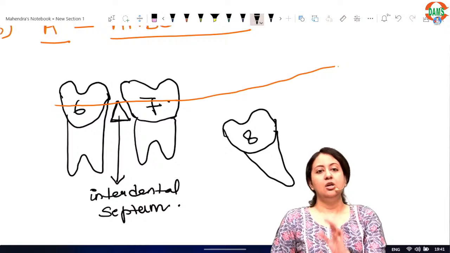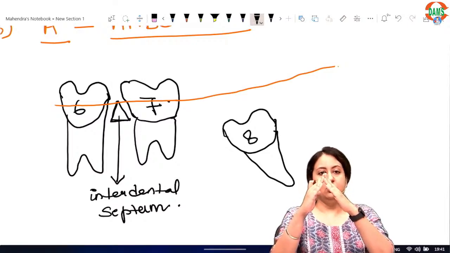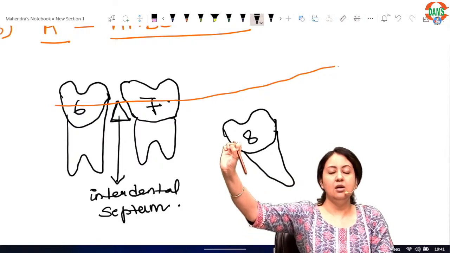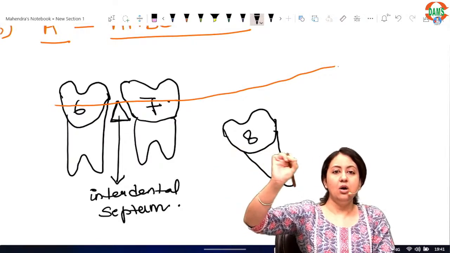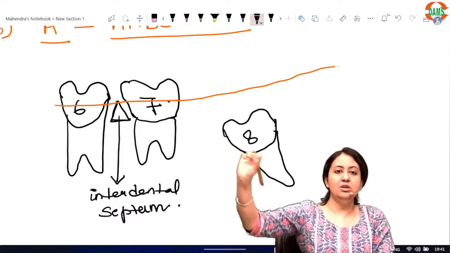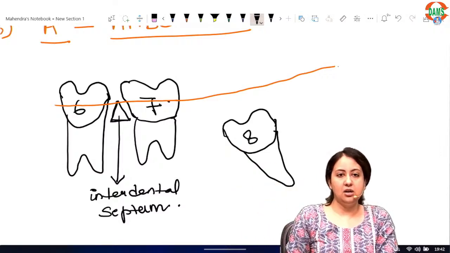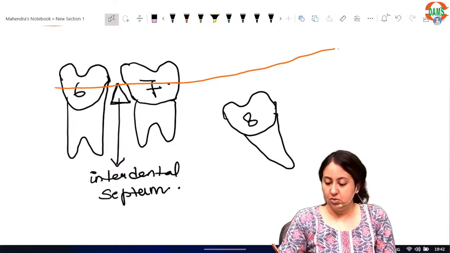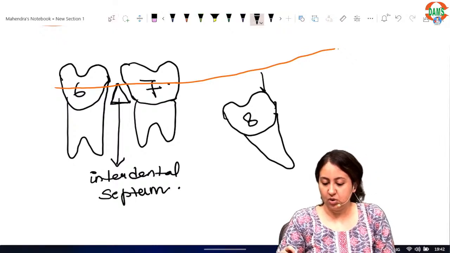So basically, from the interdental bone between 6 and 7, we drew a line posteriorly over the bone that is covering your impacted third molar. Just have a look here.